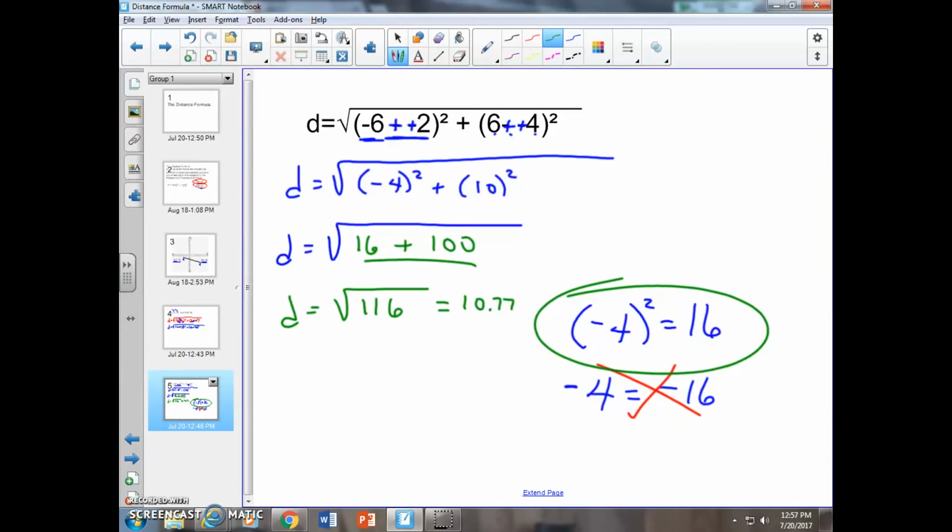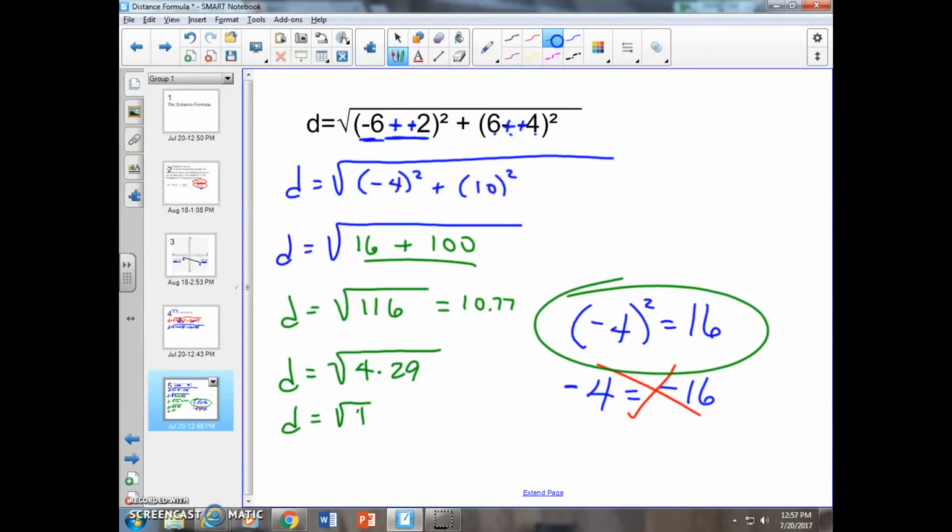I like my kids to be able to simplify their radicals, which is a separate video. If you search on this YouTube page, you can find one over that. If you try to find something that will go into 116 and have a square root, you will find that when you divide it by 4, it goes in there 29 times. So 116 can be broken apart into square root of 4 times the square root of 29.